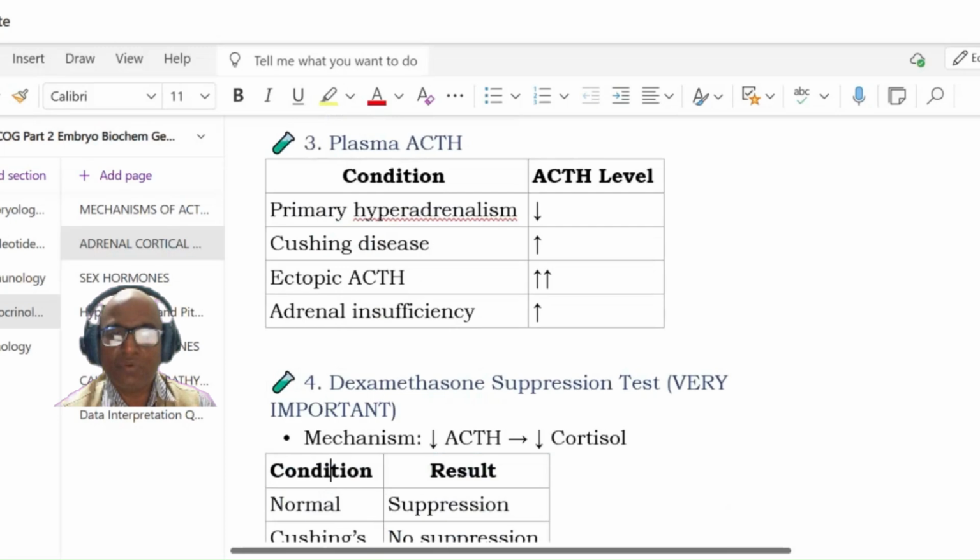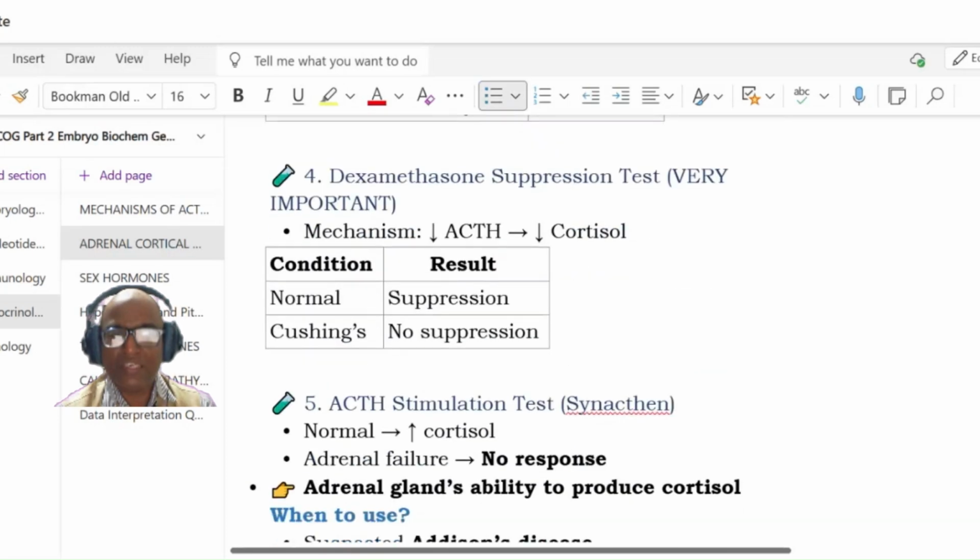Okay. Now coming to the various tests. Last time also a few tests we have discussed. First is the dexamethasone suppression test. Now, what does this dexamethasone do? We are giving steroids from the outside. So these steroids will act and inhibit at the pituitary level. They will reduce the ACTH level, and hence the cortisol level will be reduced. So you have a low dose DEXA suppression test, you have a high dose DEXA suppression test.